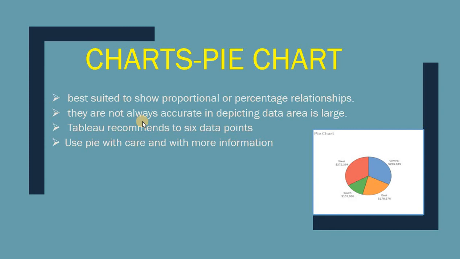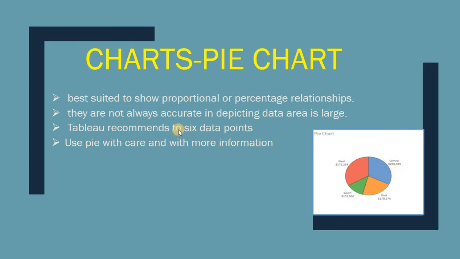It's really not that much advised to use, because we don't know which one is big or not. For example, if we take red and blue here, it is really hard to tell which one is higher in proportion, because when they are very near to each other, it is really hard to tell.